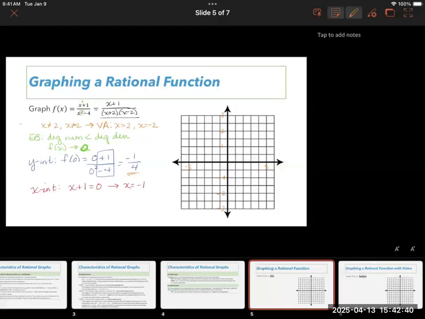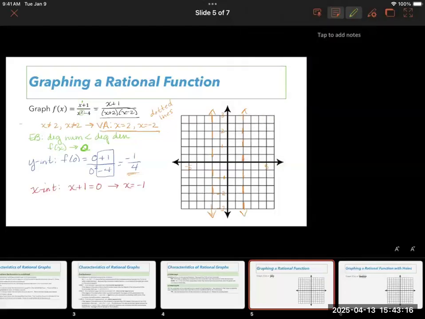Okay, so first of all, we have our vertical asymptotes at +2 and -2. Asymptotes should be drawn as dotted lines because they are not actually showing you the function. They are giving you guidelines for the function. So at +2 and at -2, I'm going to draw a dotted line to show where my vertical asymptotes go.